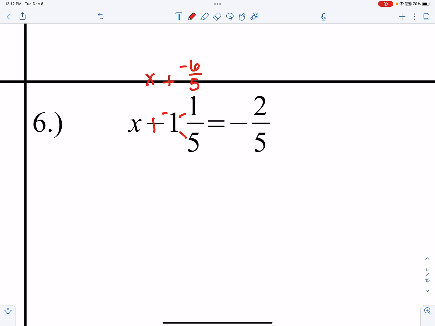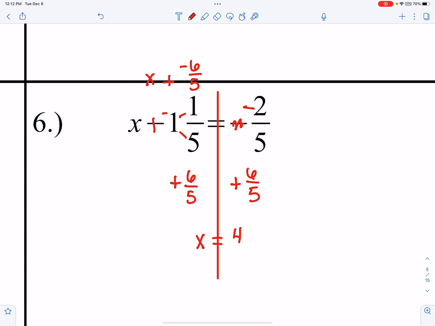I want to get rid of the negative 6/5, so I'm going to add 6/5 to both sides. Let's separate our workspace. Add 6/5. I'm left with x on this side alone, and I have a positive 6/5 with a negative 2/5. So that puts us at 4/5 for x.